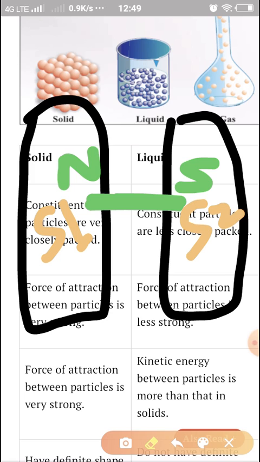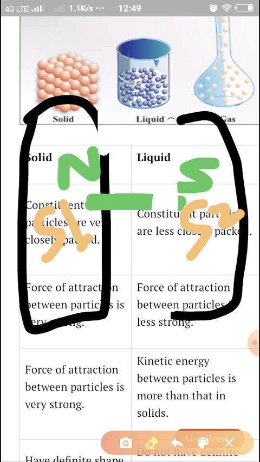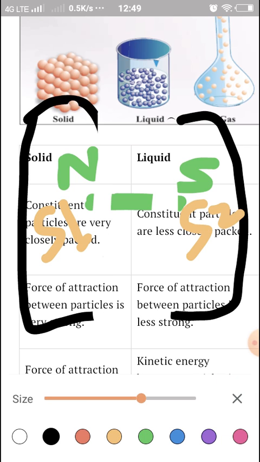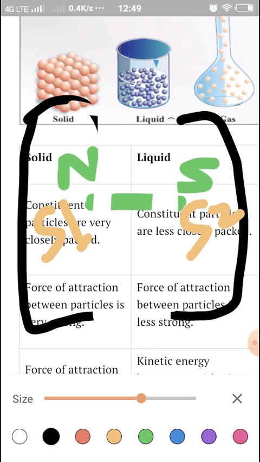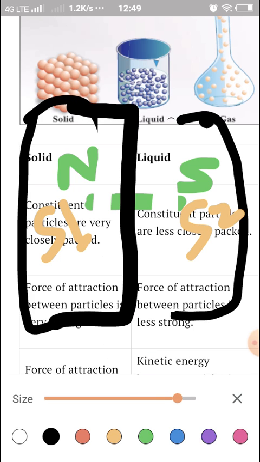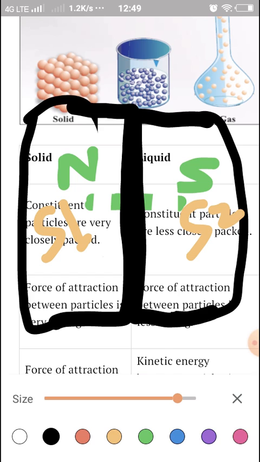They would attract each other and stick with each other, like this.